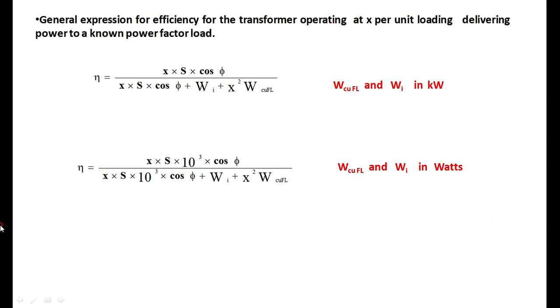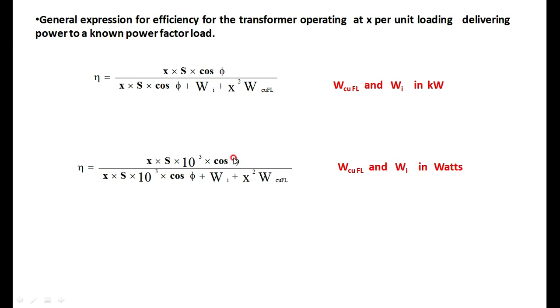Here, Wi you get from the open circuit test data, and WCFL you get from the short circuit data. Then for any load, whether it is 0.8, 0.9, unity power factor or 0.7 power factor, you can calculate.